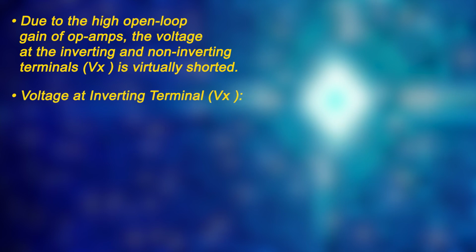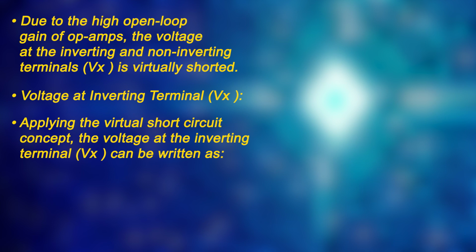Voltage at the inverting terminal Vx: applying the virtual short circuit concept, the voltage at the inverting terminal Vx can be written as Vx is equal to R2 upon R1 plus R2 multiplied by V1, and the next is the output voltage Vout.